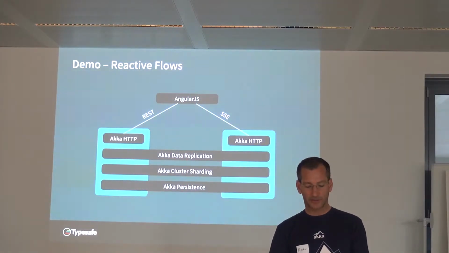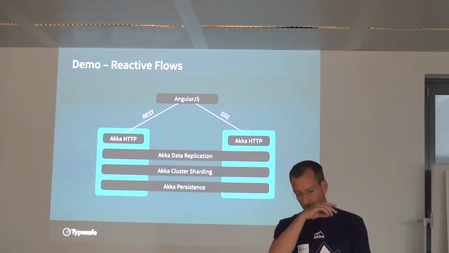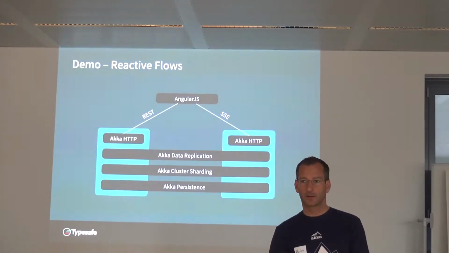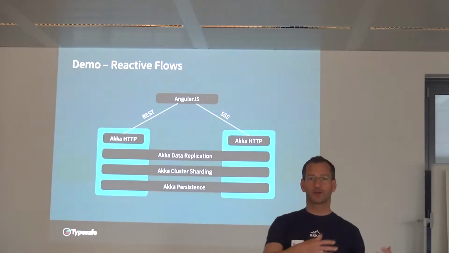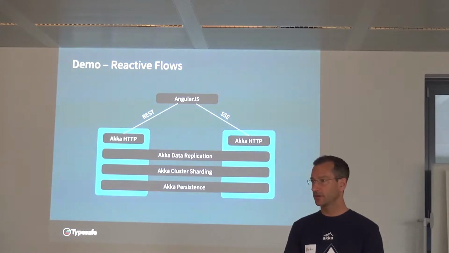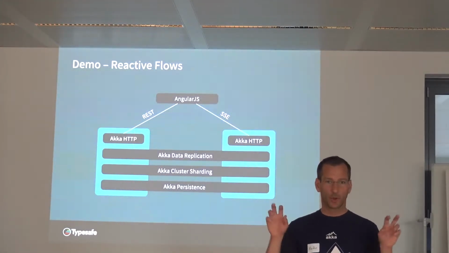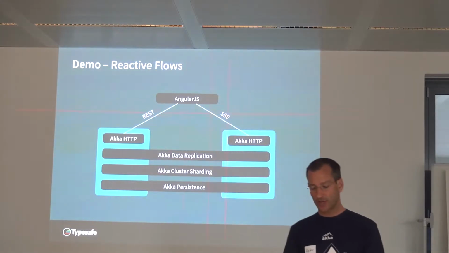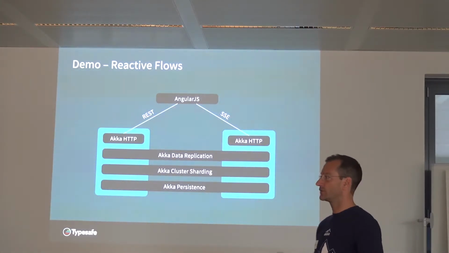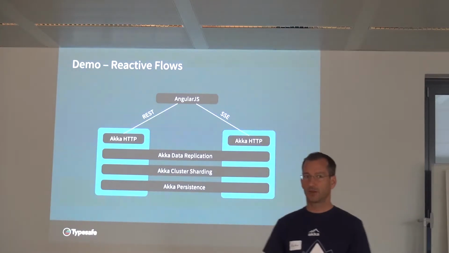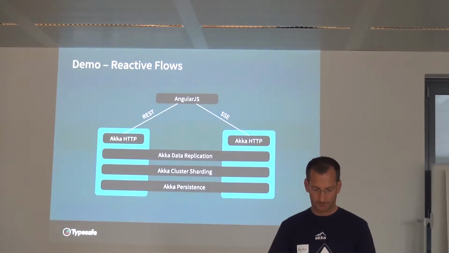And then on the server, we have Akka HTTP and a couple of other Akka abstractions or libraries like data replication, cluster sharding, and persistence. And the communication between the front end and the servers is via HTTP, either normal REST calls, normal as opposed to SSE, which is server sent events. I'll explain those in a couple of minutes.